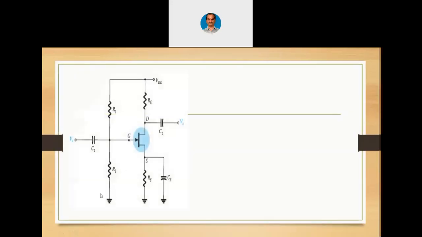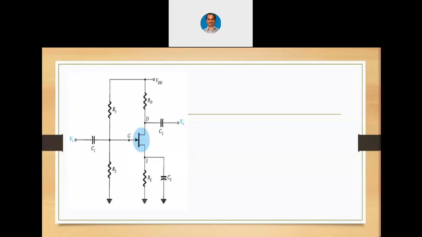This is the voltage divider bias, where you already know that we had all these four resistors in case of BJT also, and we had gone for this voltage divider bias for the sake of stability of the Q point. There we wanted to ignore IB. Now here the thing is, when there is no gate current itself, why should I have this R1 and R2 as a voltage divider bias?